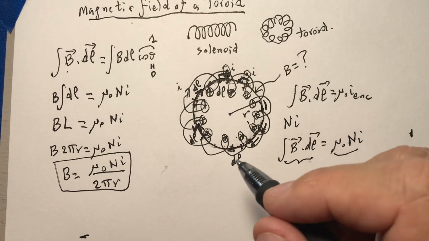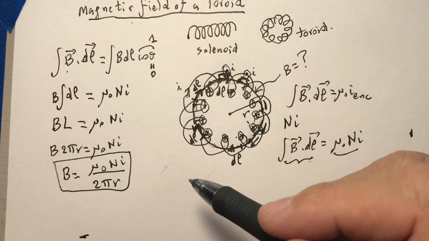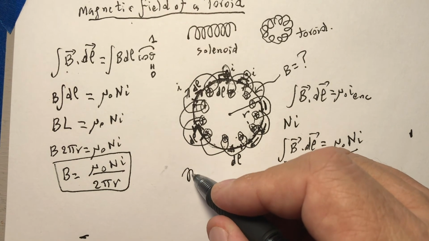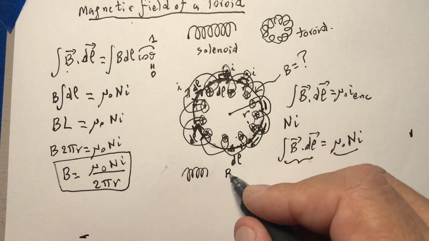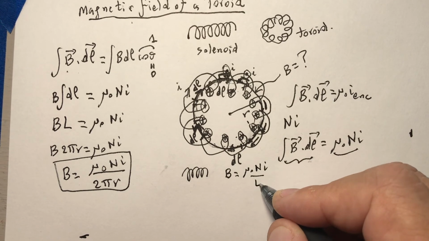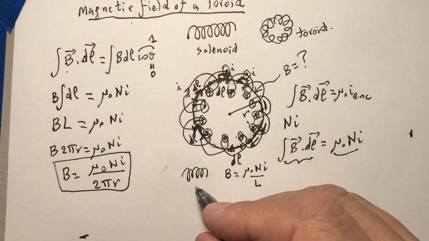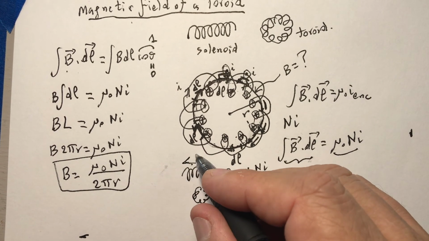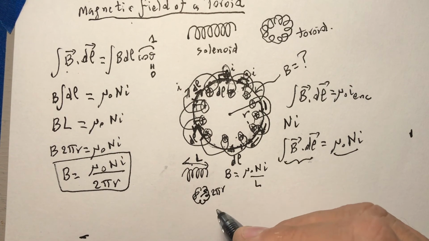Now somebody will come and say, hey, you did too much work here. Why don't you just do this? We have a solenoid. Here is the solenoid. And we found that the B field is equal to mu0 Ni over L. This is for the solenoid. Now, when we change the solenoid into a toroid, this L becomes 2 pi r, where r is the radius.